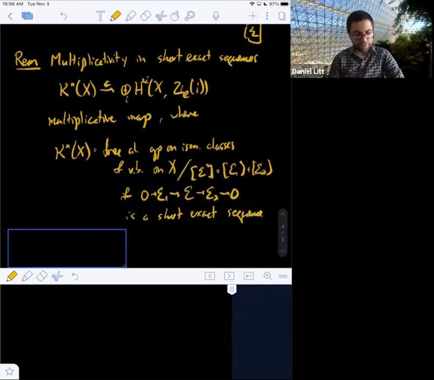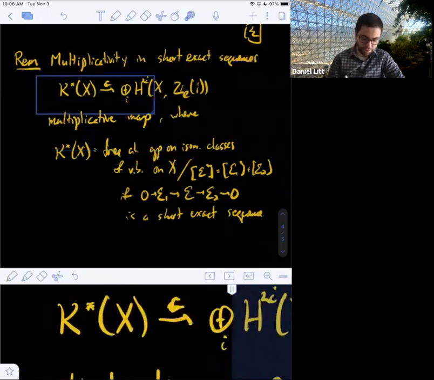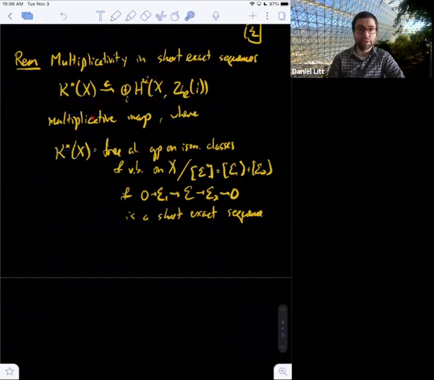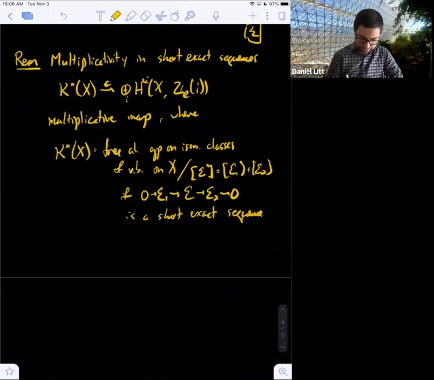Great. So here I've made a group for you, and I've said that there's a multiplicative map. What does that mean? It means that if you take the sum of two things here, it goes to the product over here. So it's some kind of exponential type map.